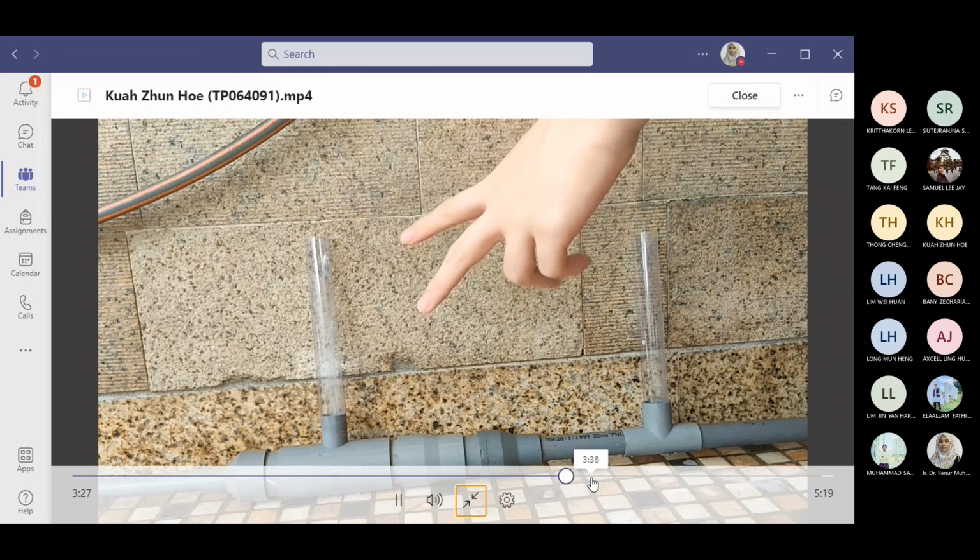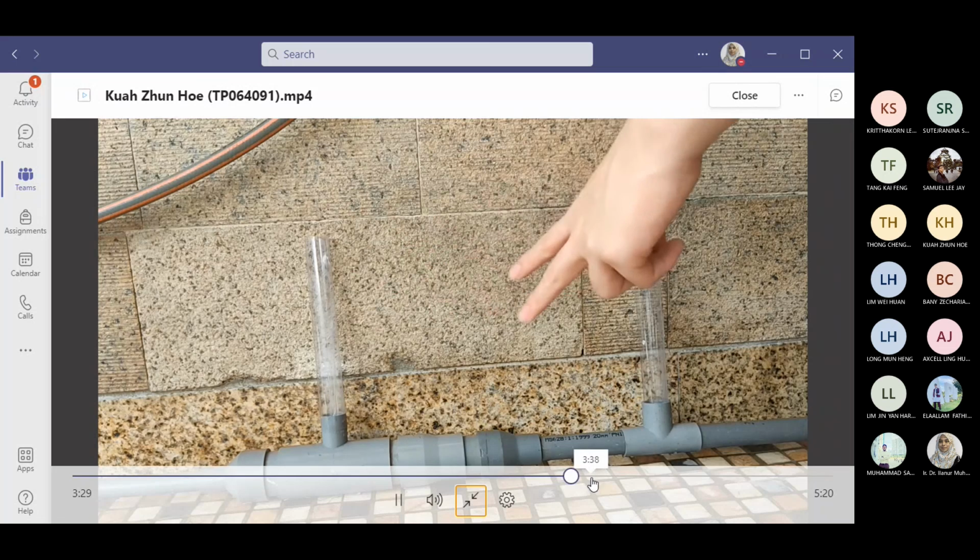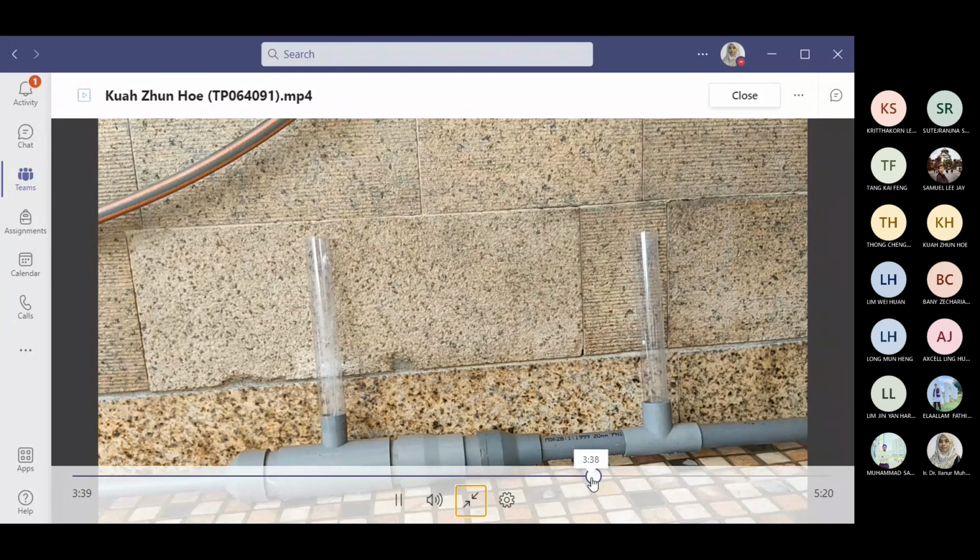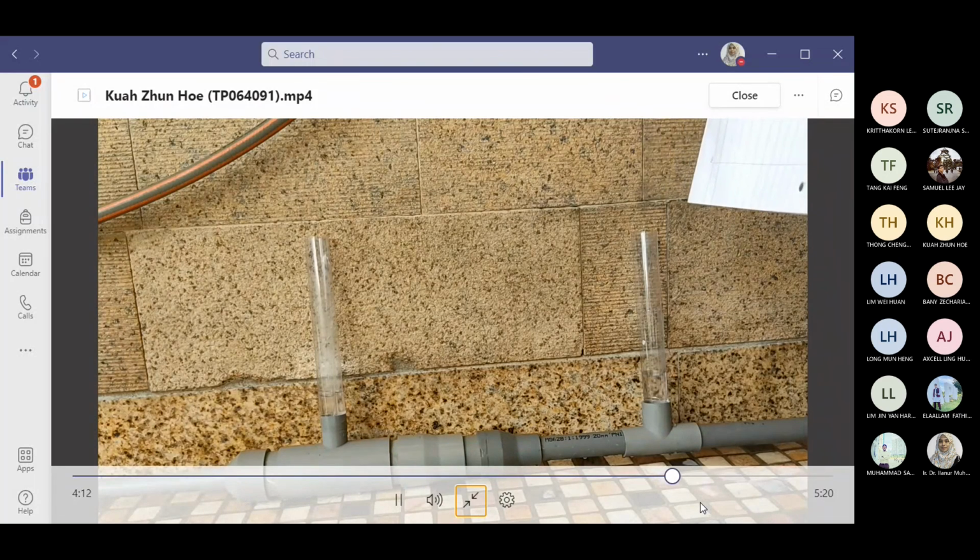The water will flow slowly in the bigger diameter and faster in the smaller one, which has a higher velocity. And it's not an ideal prototype because of the friction force. The water levels are the same.